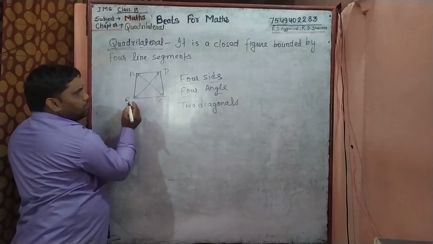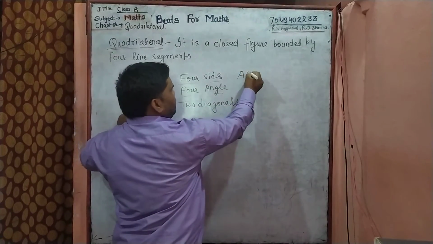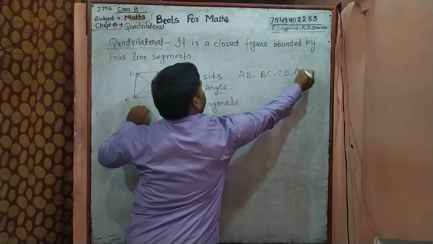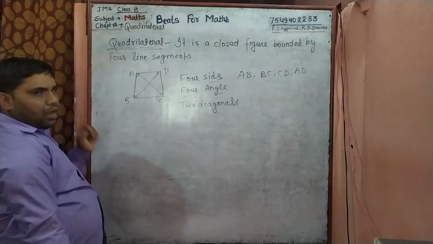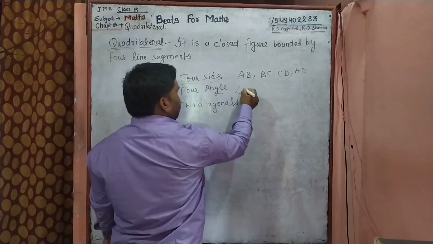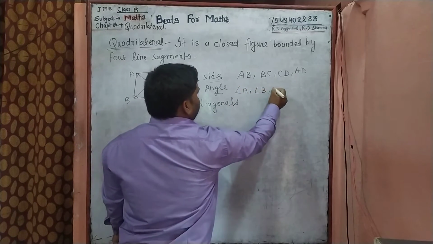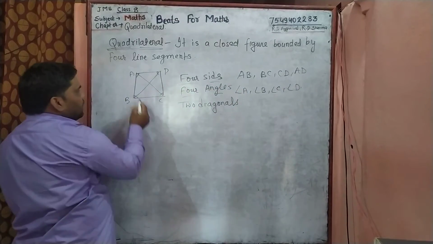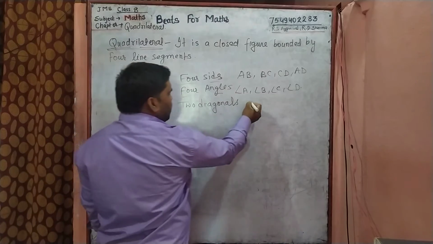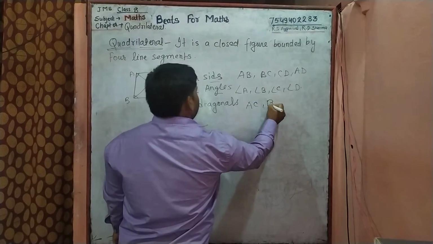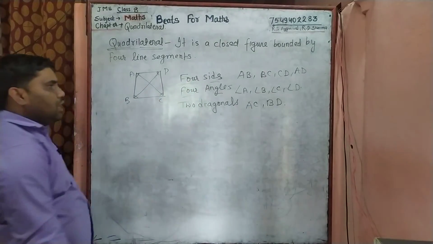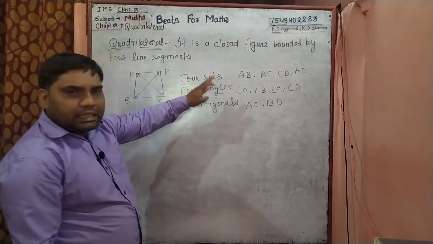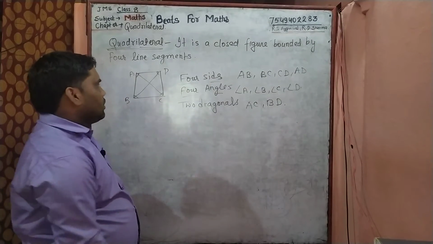Here, what are the four sides? AB, BC, CD and AD. These are the four sides. And four angles: angle A, angle B, angle C, angle D. These are its angles. Diagonals: AC and BD are the diagonals.